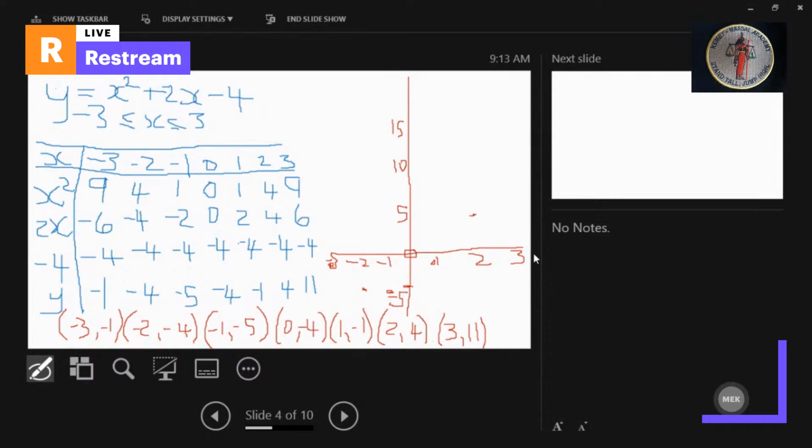And 3 to 11, so +3 up to 11 is about there.